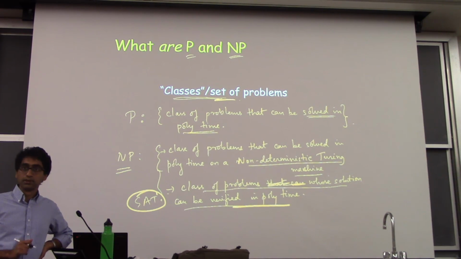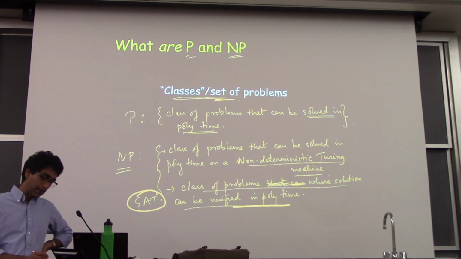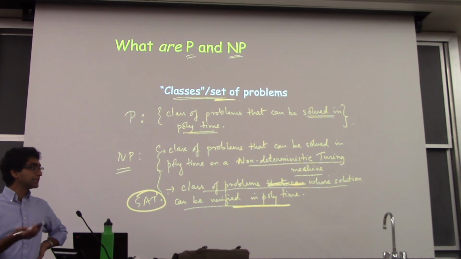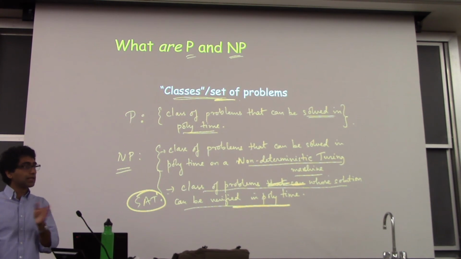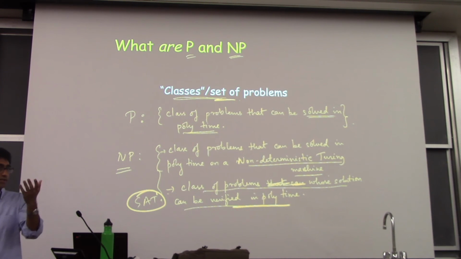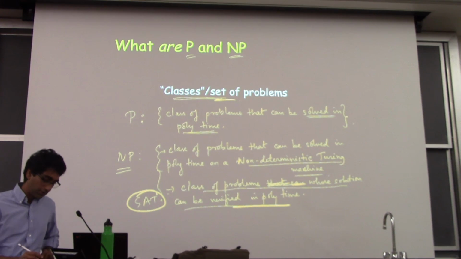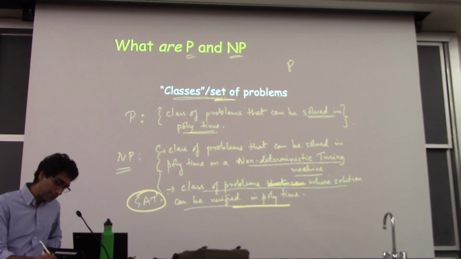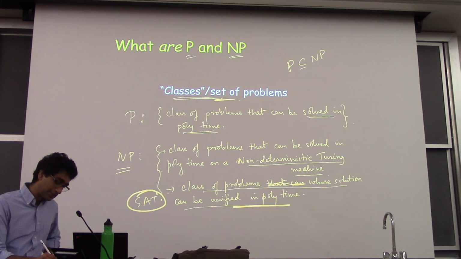One thing to note is that every problem in P is also in NP. Because basically if it's easy to solve, then you can also verify it. If you have solved it correctly, it means that you have in some sense verified it. So we know that P is a subset of NP, but we don't know if it's a strict subset or not.